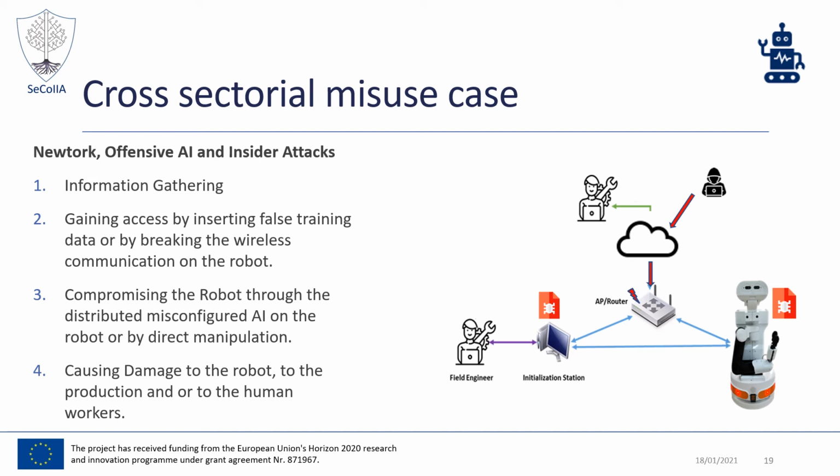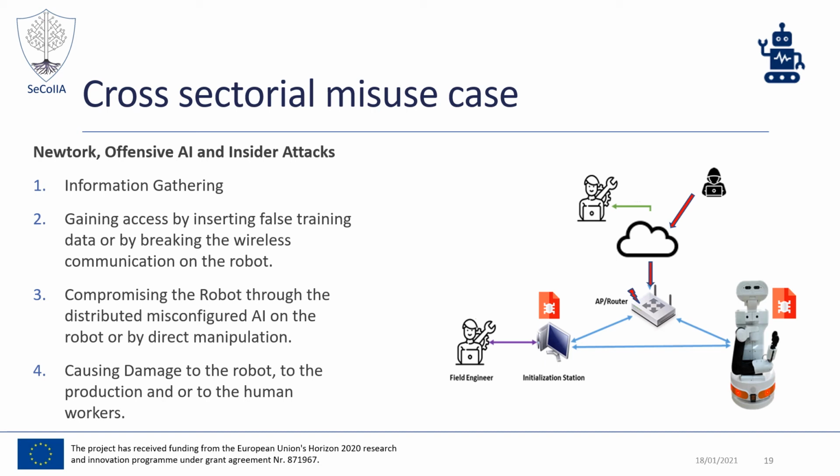Getting to know the information about the plant and their suppliers, etc. Then the attacker starts gaining access by inserting false training data to the robot or by breaking a wireless communication on the robot, so exploiting its own capabilities to make some damage.